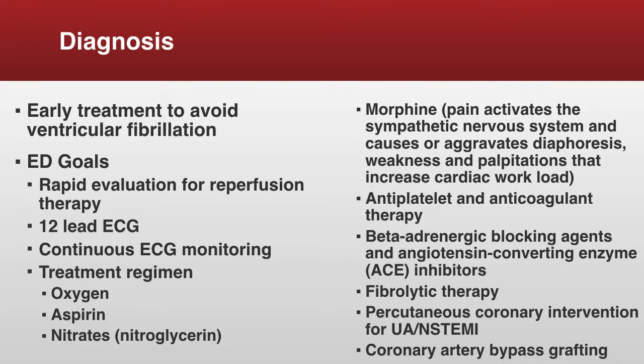So we don't want to increase the workload at a time that the heart is most vulnerable because it doesn't have enough energy getting to it. So everything that we're doing is decreasing the heart's workload.